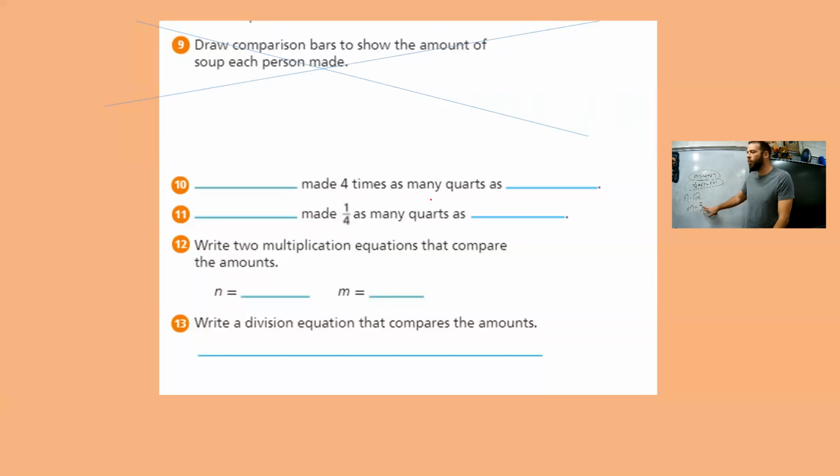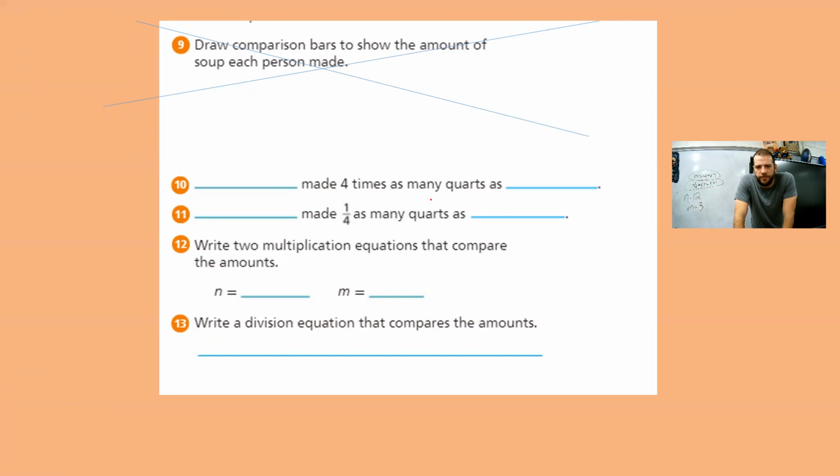That means Manuel made 1/4 as many as Natasha. So write 2 multiplication equations that compare. So N equals M times 4. Manuel times 4 equals N. And then you could put M equals N times 1/4, or 1/4 of Natasha equals Manuel.